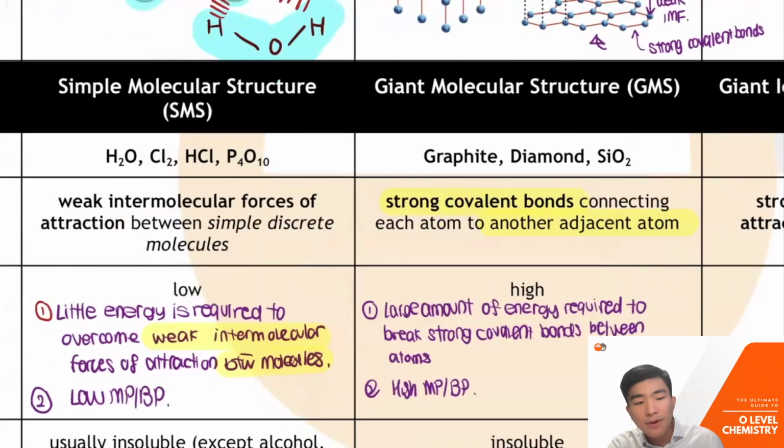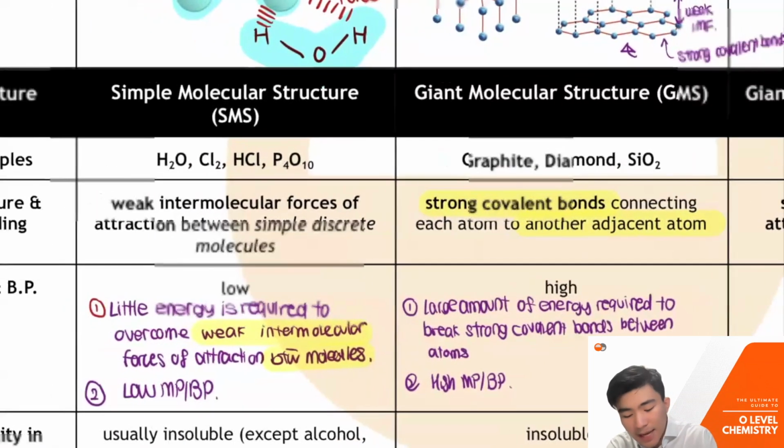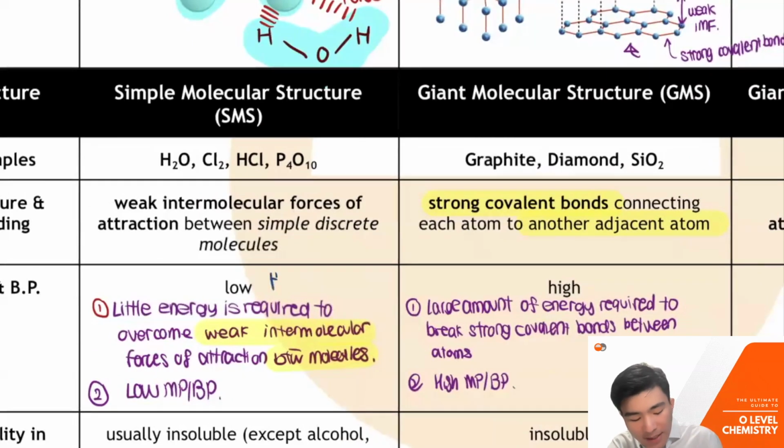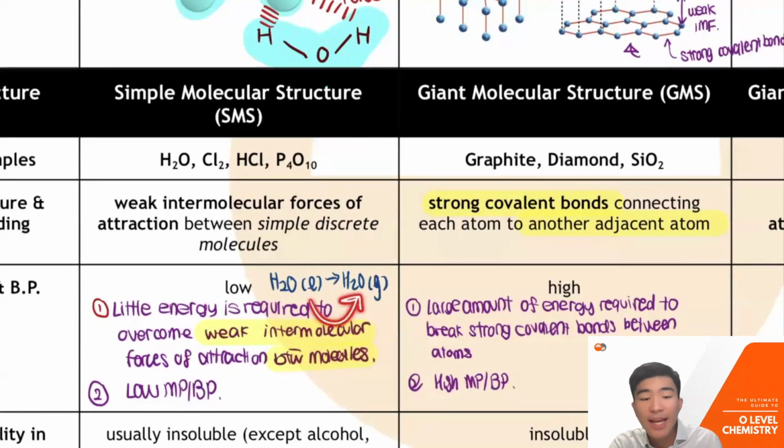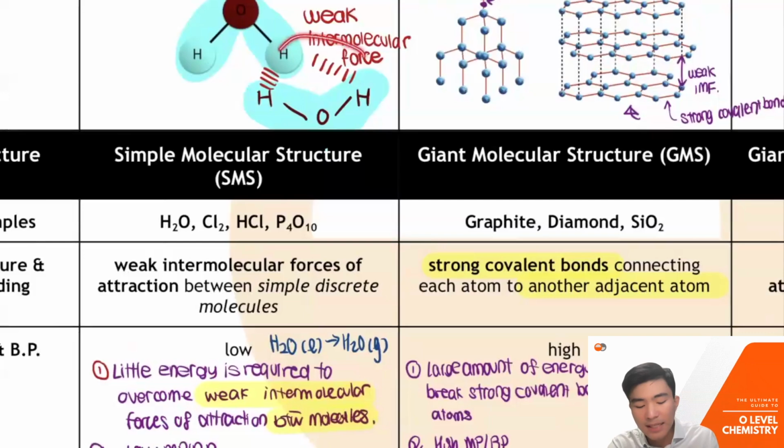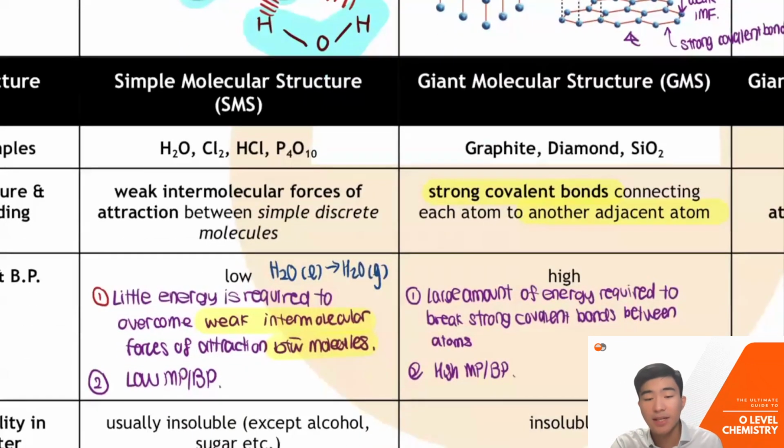Okay, one thing I forgot to emphasize over here is, can you see if I'm converting H2O liquid to H2O gas, water to water vapor, there is no change in terms of the bonding. You do not break any hydrogen to oxygen bond. You don't break any OH bond. So you are only purely overcoming the intermolecular force of attraction.